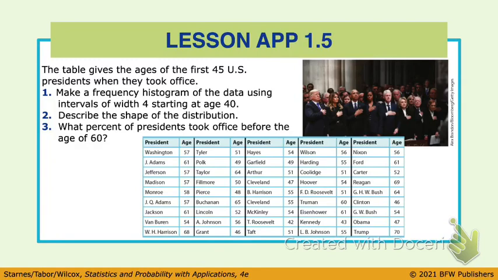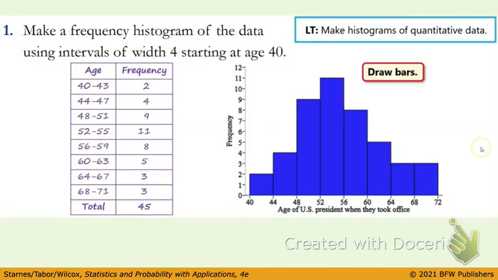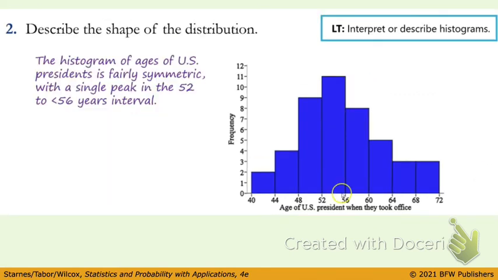All right, let's look at our answers. Here we have a frequency table, and then our histogram. Again, we went by 4s on the x-axis, and we have frequency on the y-axis. The shape of the distribution is fairly symmetric with a single peak in the 52 to 56 range.